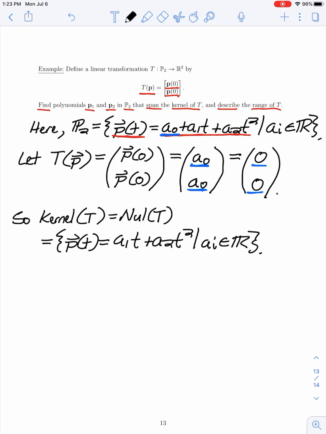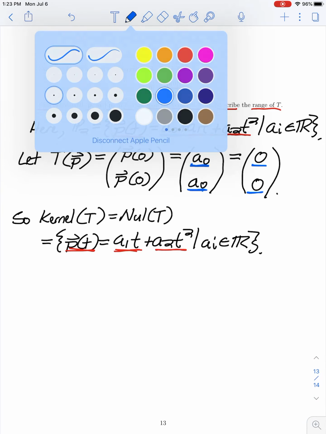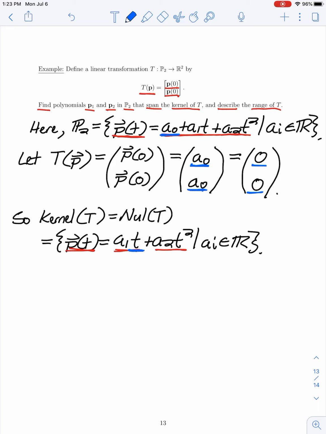So now that we found the kernel, the problem asks us to find two polynomials, p1 and p2, that span this kernel. So when we look at the form of the kernel of our transformation, we've got polynomials p of t which are a linear combination of the polynomials t and t squared.